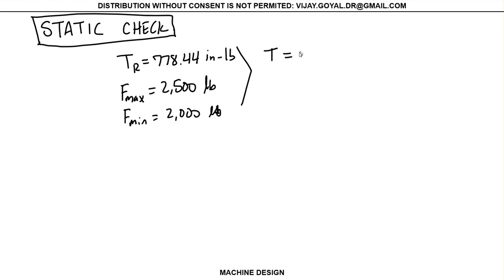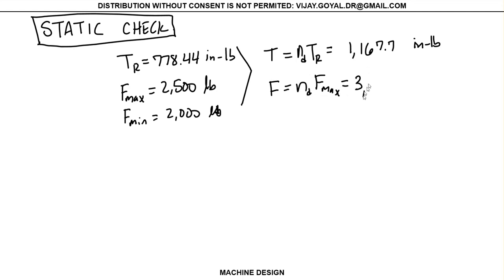The T I'm going to use for my analysis is your design factor multiplied by TR, and that will give you a value of 1,167.7 inch pounds. And the force I'm going to use for static analysis is the maximum load, multiplied by your design factor, so that would be 3,750 pounds. And just remember that your design factor is 1.1.